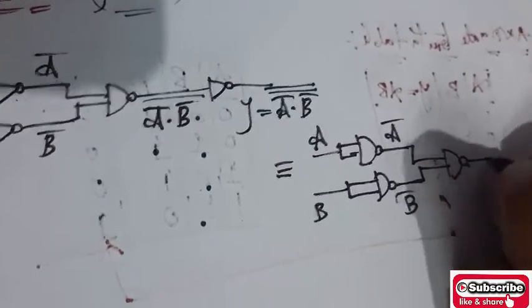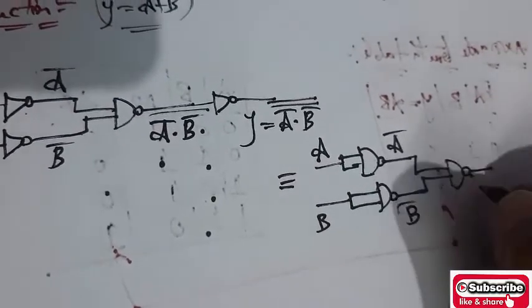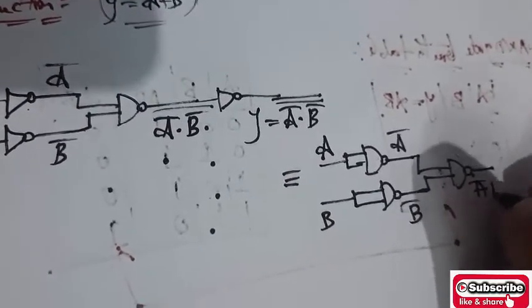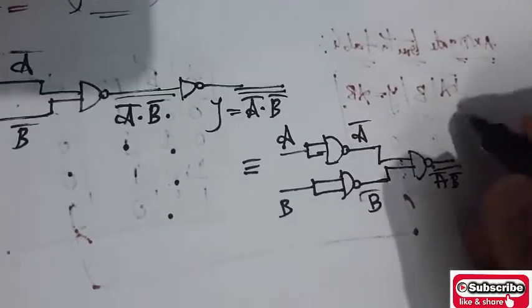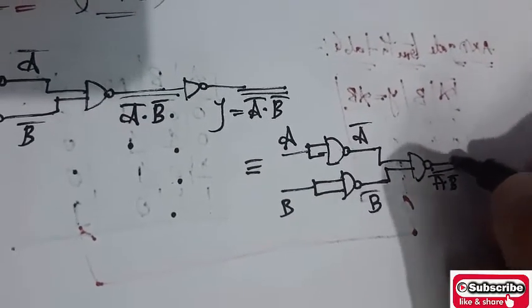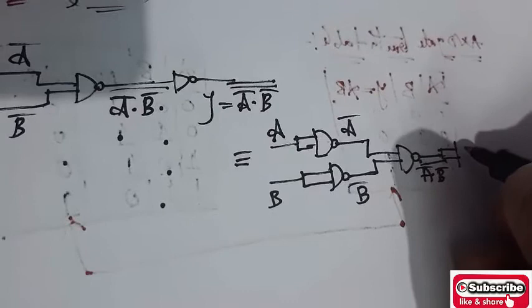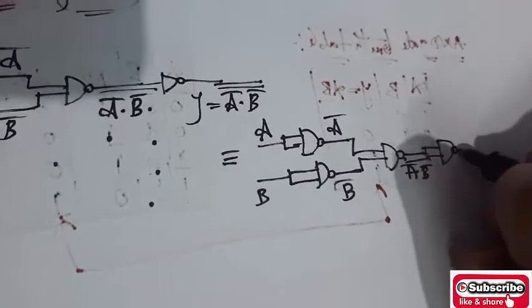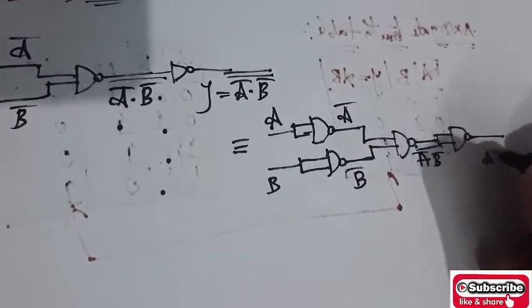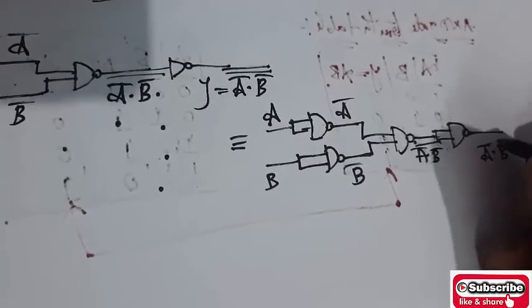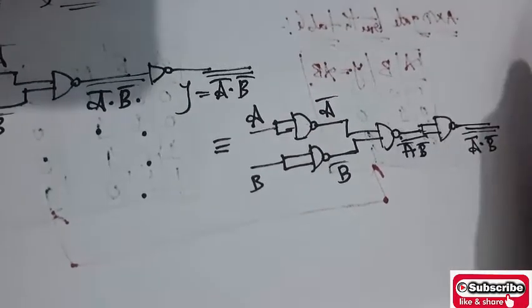Apply to the NAND gate: A bar dot B bar whole bar, and again applied to the inverter. The inverter can be replaced by the NAND gate. You will get A bar dot B bar whole bar double bar.